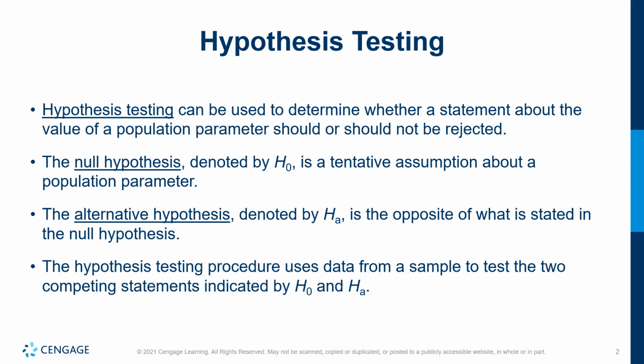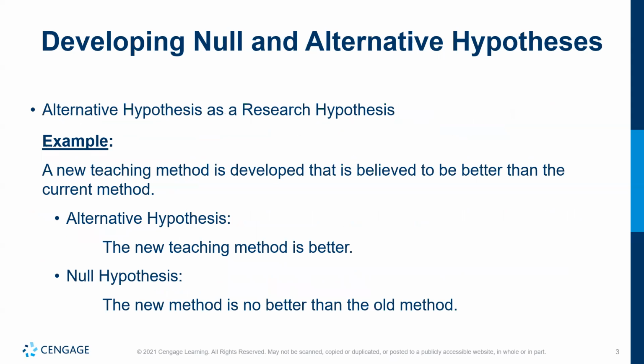This is the idea with a hypothesis, and we always have to break it down into two competing statements. You'll see them abbreviated as H sub 0 for the null hypothesis and H sub A for the alternative hypothesis. Sometimes other books use H sub 1 for the alternative, so 0 and 1. I don't know why they use A or 1.